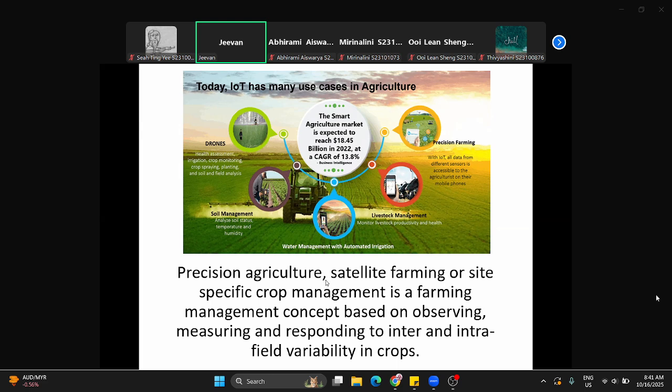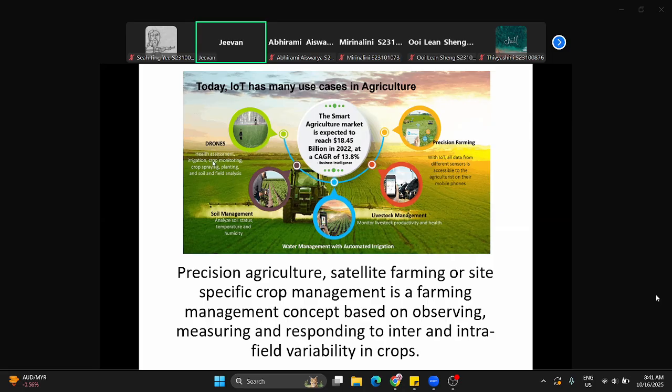So it uses technology like satellite farming or site-specific crop management. All these are methods of farming or management concepts where we observe, measure, and respond to the variabilities in the crop. So as I mentioned, we are using many different technologies here, such as drones.